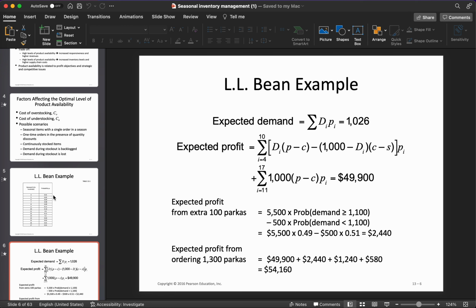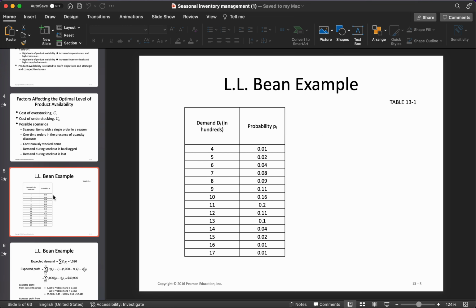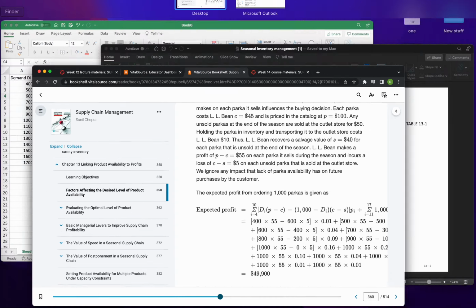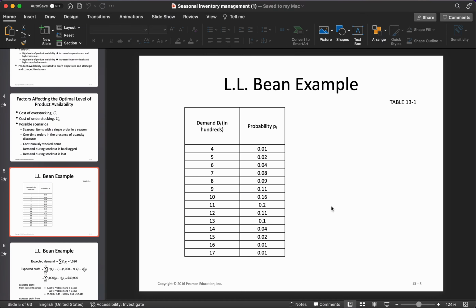The bottom line here is for us to figure out the best order quantity. How many parkas should LL Bean make for this season, given this demand distribution and given this cost structure? That's what we want to try to figure out.